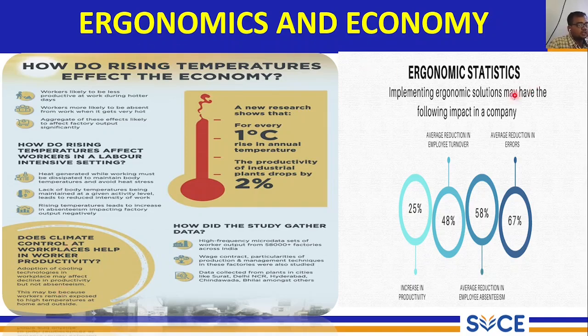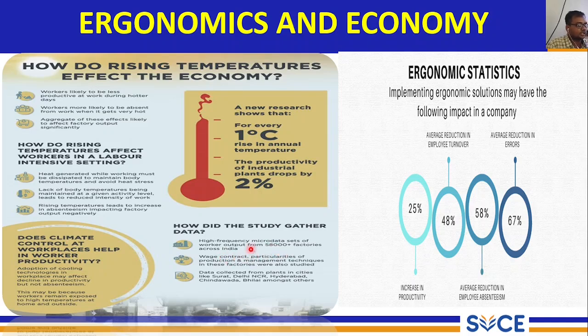So this study has also revealed that implementing an ergonomic solution will help the economy, with a 25% increase in productivity. Of course, they have taken the data from different companies, closer to 58,000 factories across India.